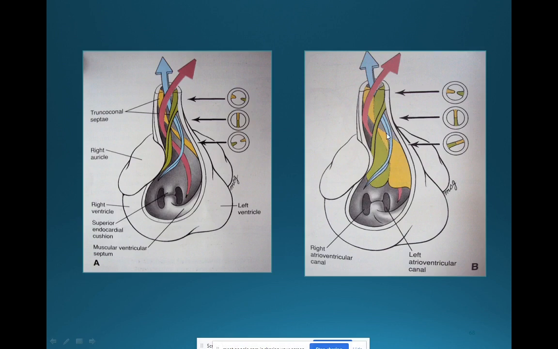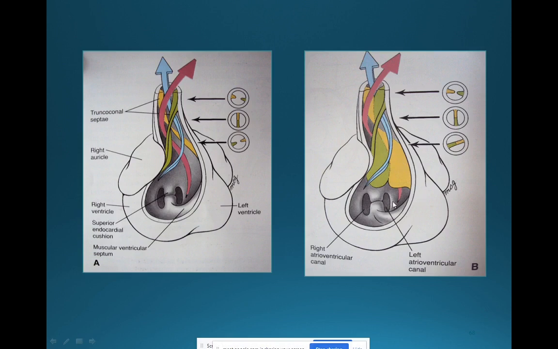Initially you can see the pulmonary trunk in front, the lumen of the pulmonary trunk. Then it goes back, then it goes to the right, then it goes back. So if you cut it over here, this is the septum.